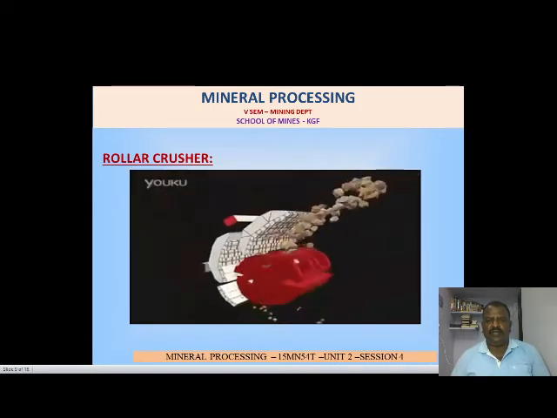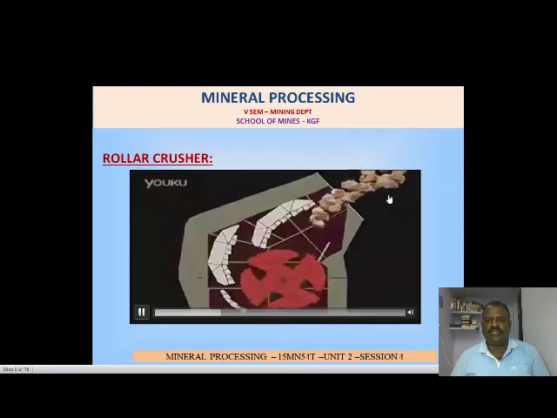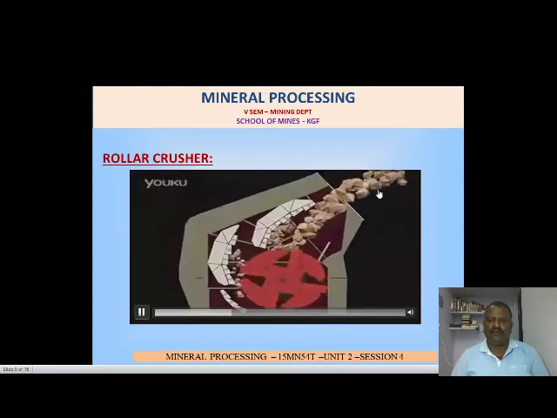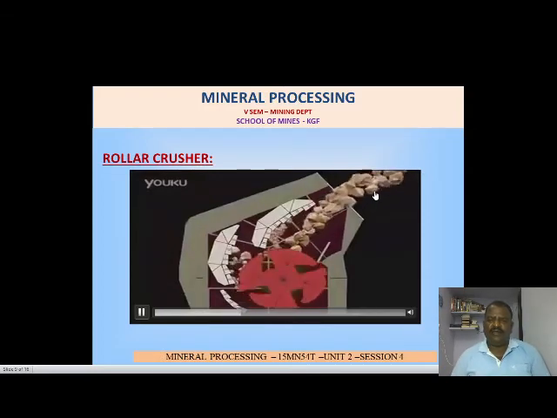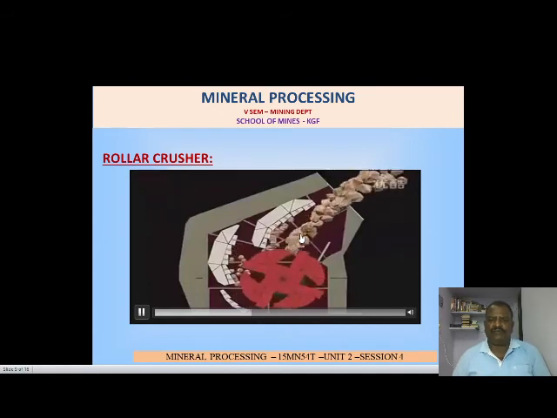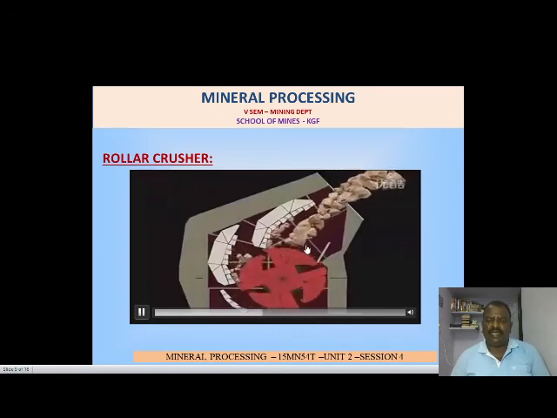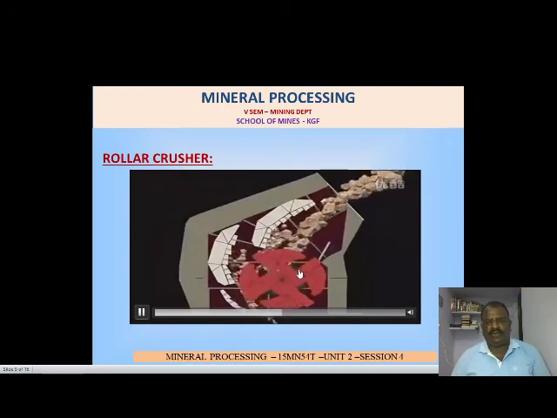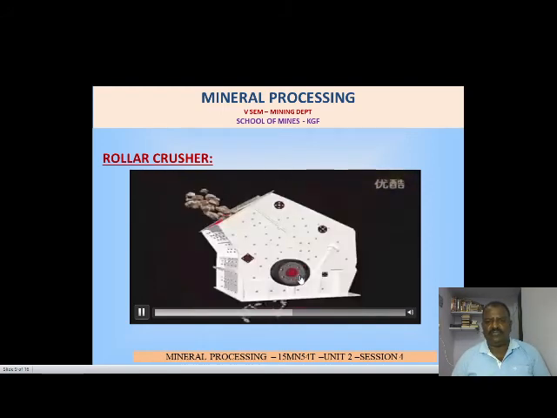You can see already this is a crushed material. Again we want to reduce the size of the material, so we will go for the roller crusher. Again it will reduce the size of the material to the targeted required size.